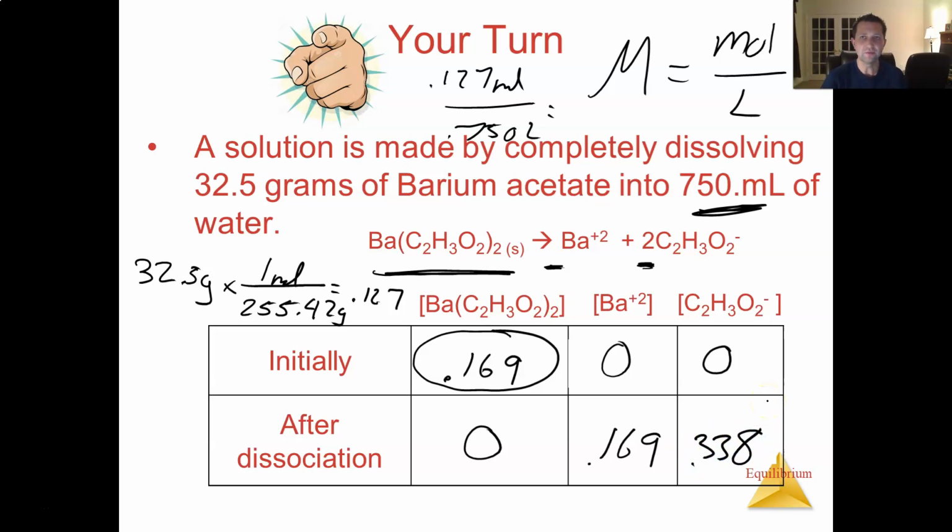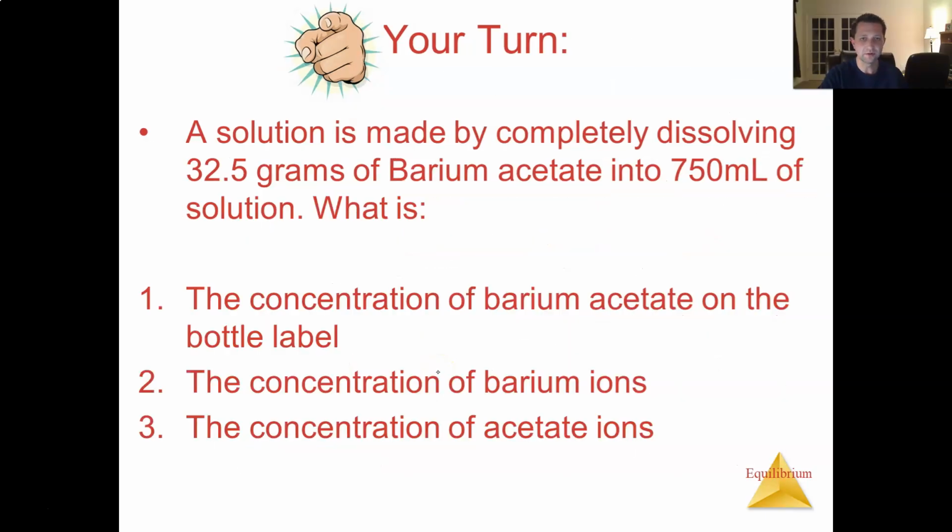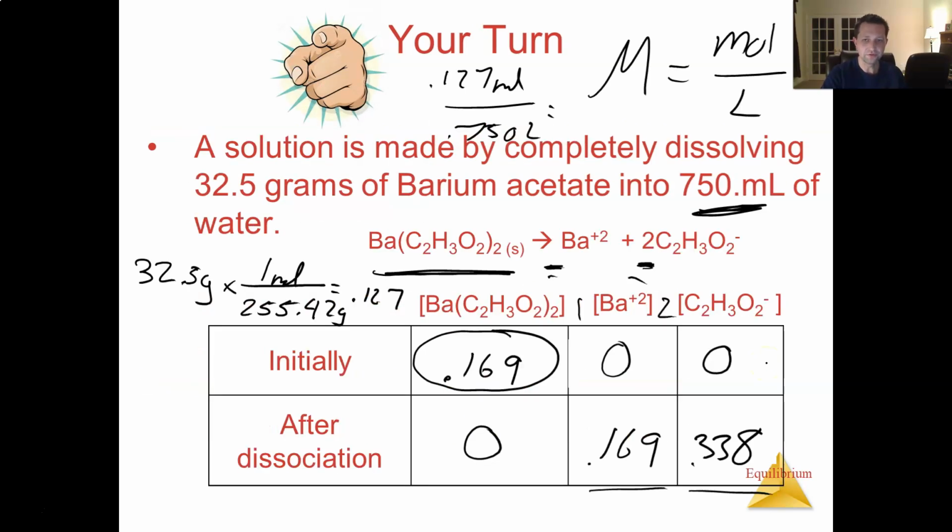So 0.338 molar is what we have for the concentration of the acetate ion. Okay, makes perfect sense. We have a 1 to 2 ratio. So we should have a 1 to 2 ratio after dissociation. All right, but the bottle is just going to say 0.169 molar barium acetate. So concentration on the bottle, 0.169. Barium, 0.169. Acetate, when it dissolves, 0.338. All right, that takes care of it.